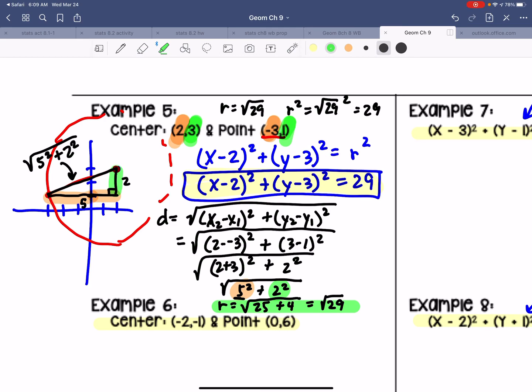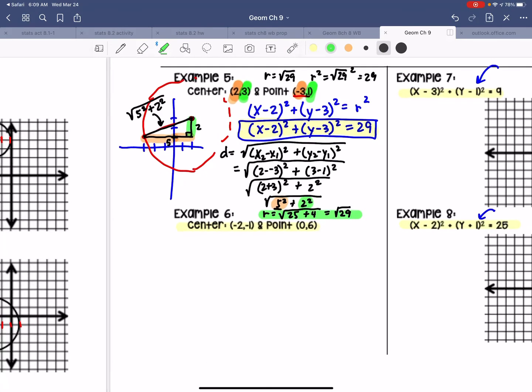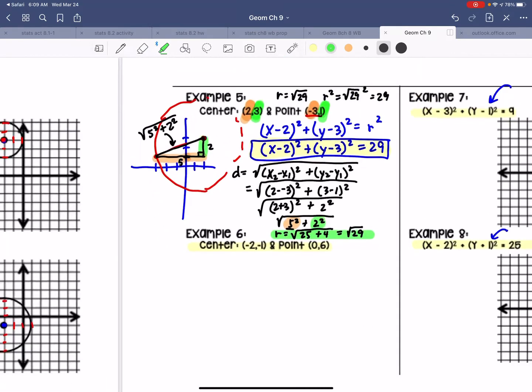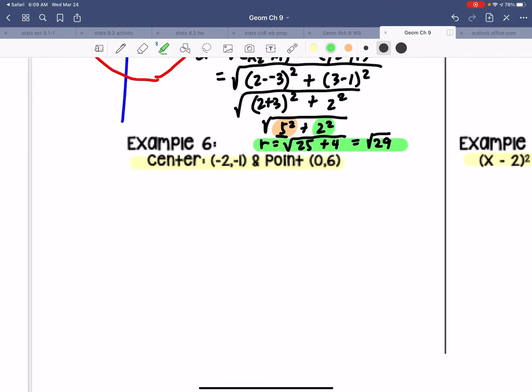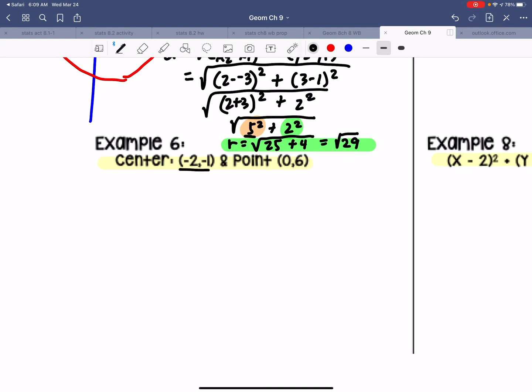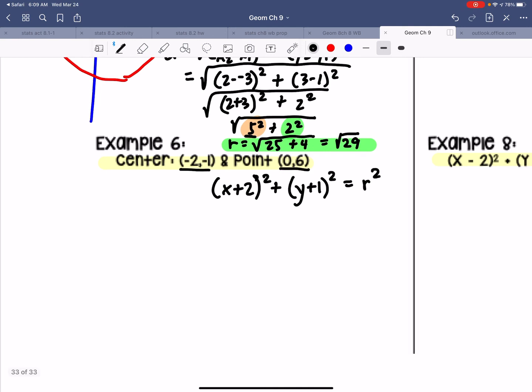All right, next one. Example 6, kind of the same thing going on here, right? We know the center, so we know the front part of our circle equation. But we don't know the radius.